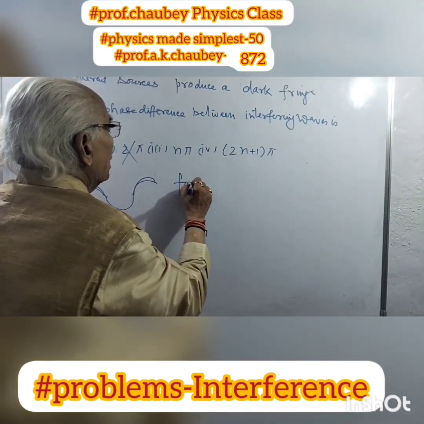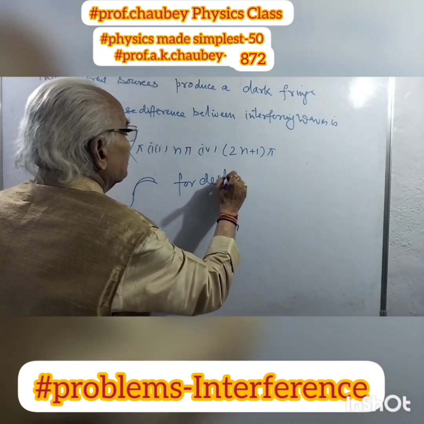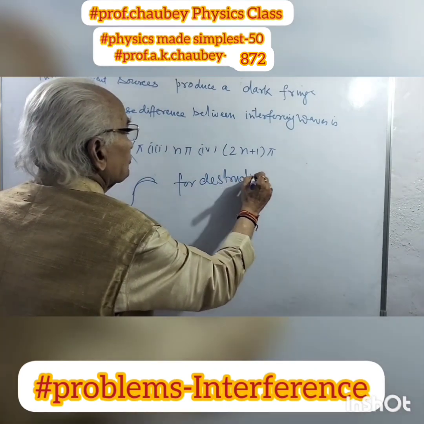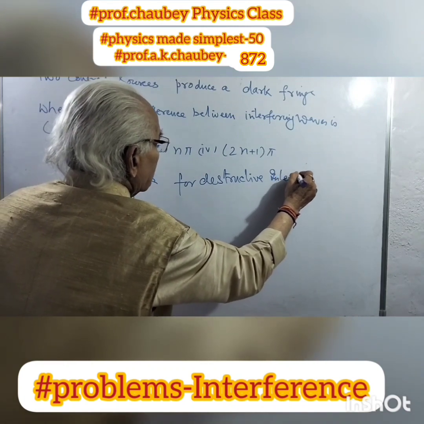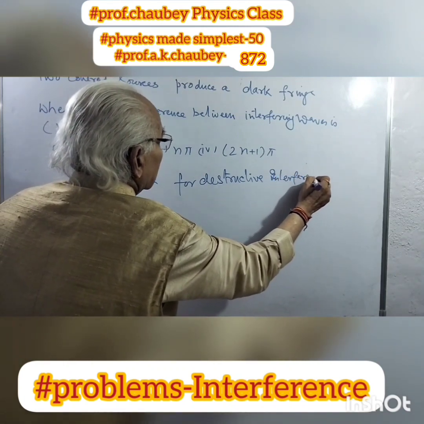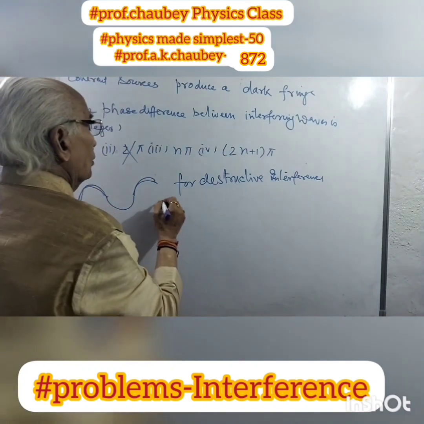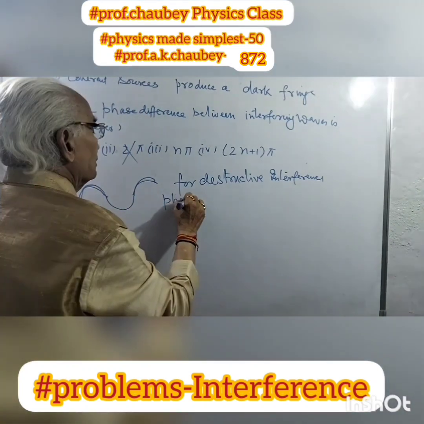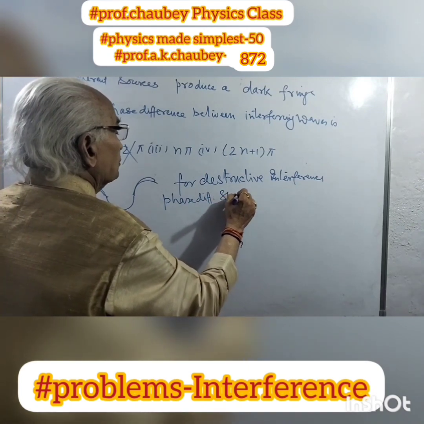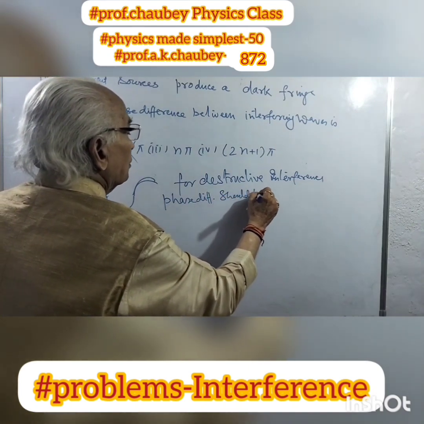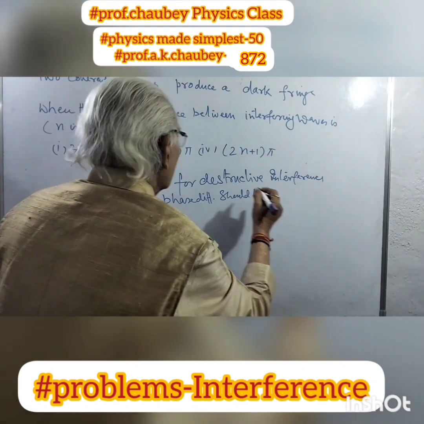For destructive interference, the phase difference should be 2n plus 1 pi.